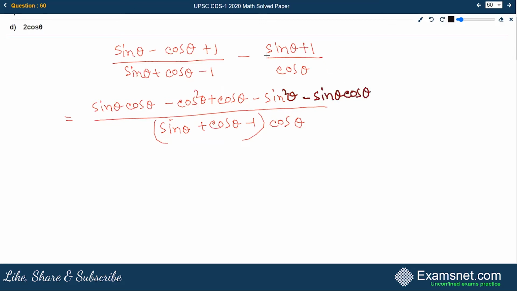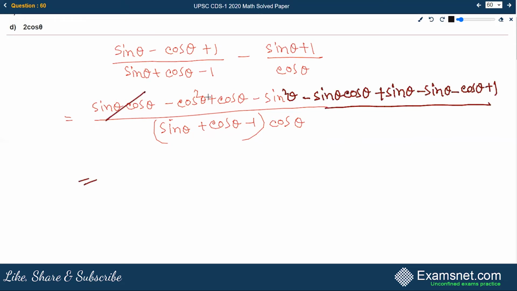Okay, next that is minus minus plus sin theta, and next that is again minus sin theta minus cos theta and plus 1. Yes, this is the result.